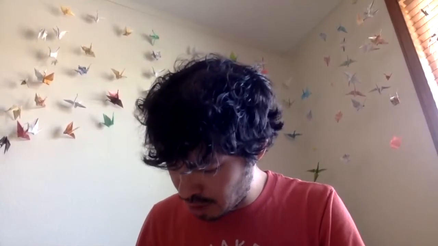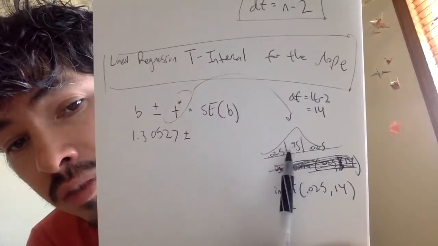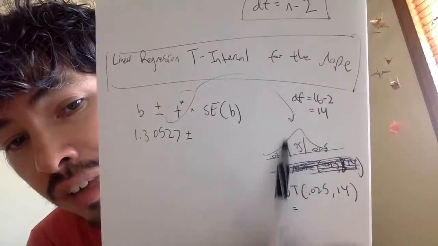Now remember, you have to give the degrees of freedom, and the degrees of freedom is n minus 2, 16 minus 2, 14. And you don't want to say inverse normal, excuse me, you want to say inverse t, 0.025, comma, 14 degrees of freedom. This will give you that critical value. How many standard deviations are you reaching out to be 95% confident?